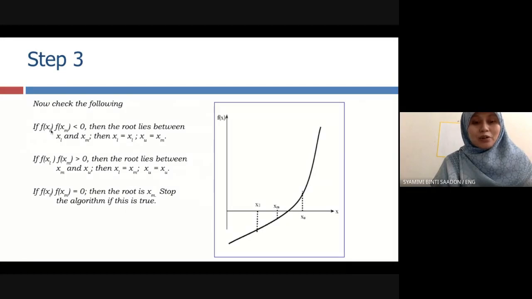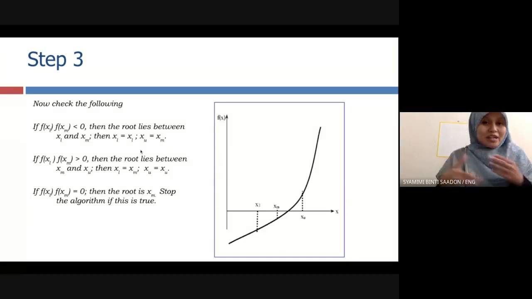If you don't want to use f(XL), you can also use f(XU). The same condition applies. You put here: if f(XU) multiplied with f(XM) is negative, then the root lies between XU and XM. Then XL is XM and XU is XU.